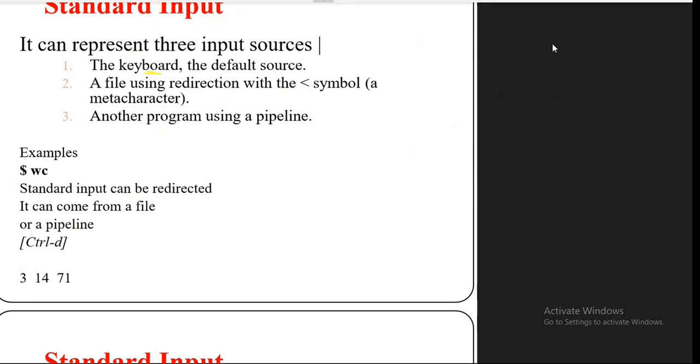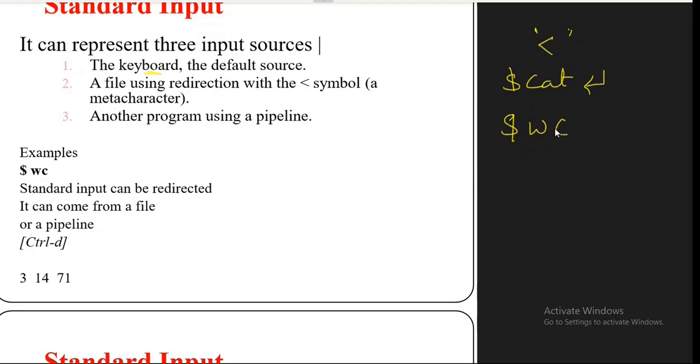For input we use the redirection symbol like this. For example, this is for getting the data from the keyboard, or you can use wc. You can just observe here: getting the data from the keyboard, standard input.